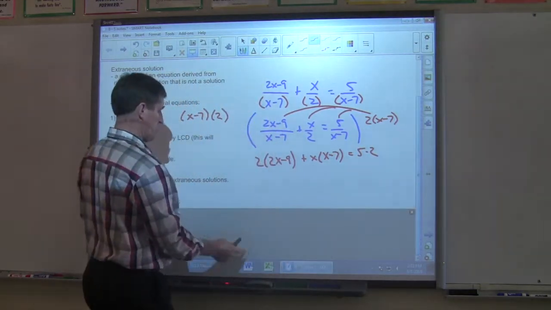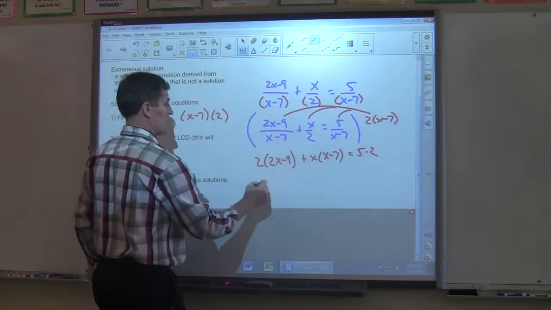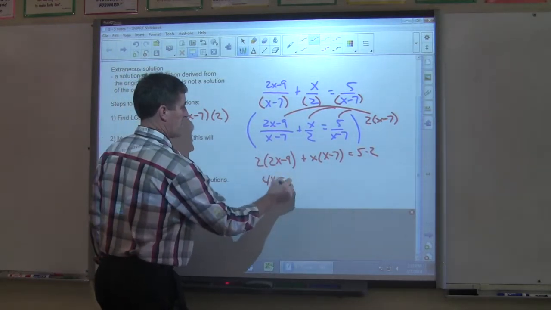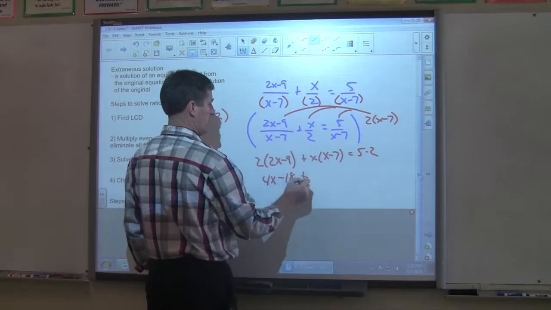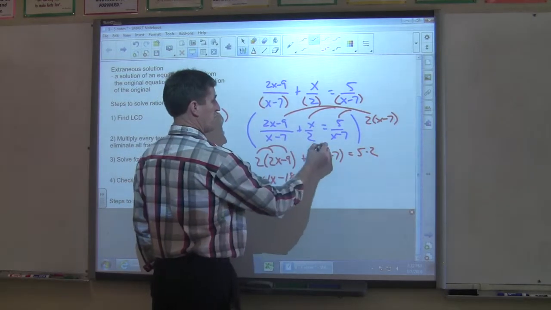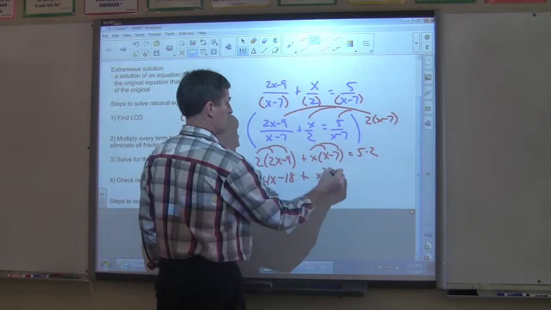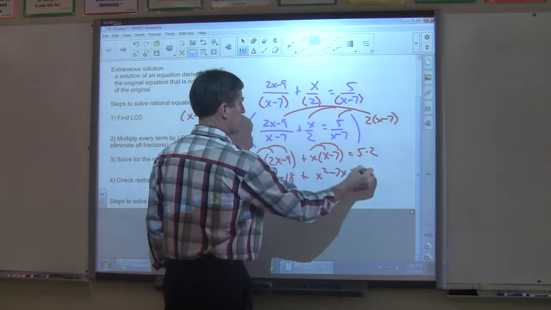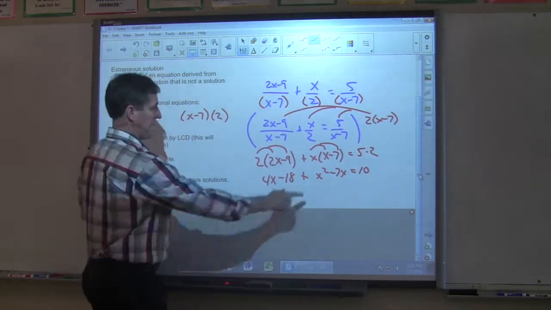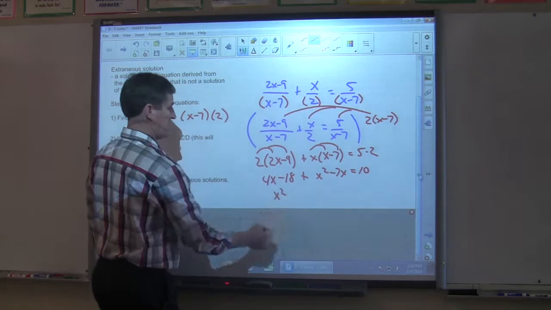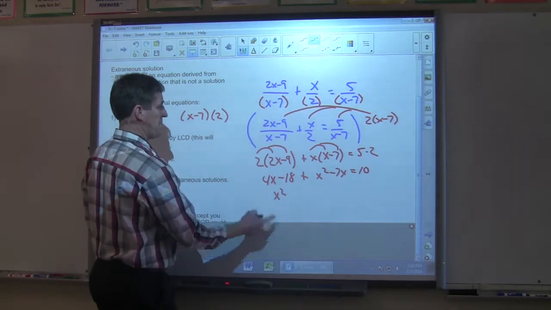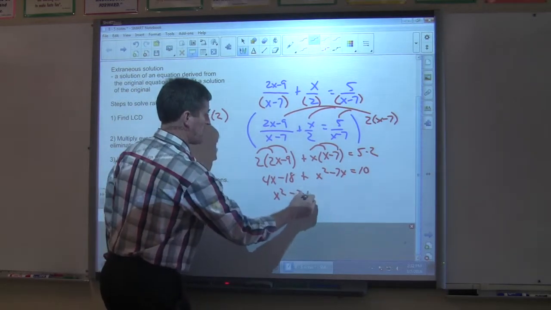So now I'm going to simplify this, distribute the 2, 4x minus 18 plus, distribute the x, x squared minus 7x equals 10. Combine like terms, I have x squared. 4x minus 7x is a negative 3x.